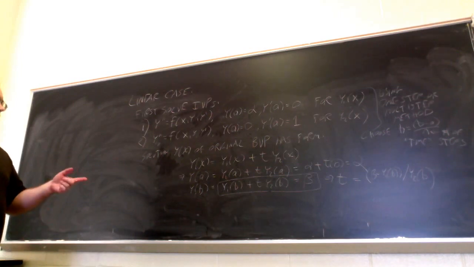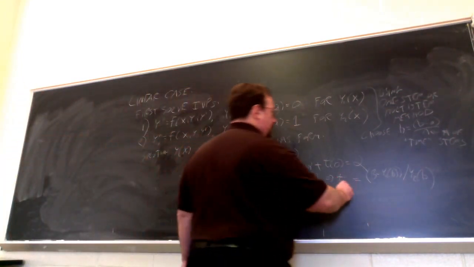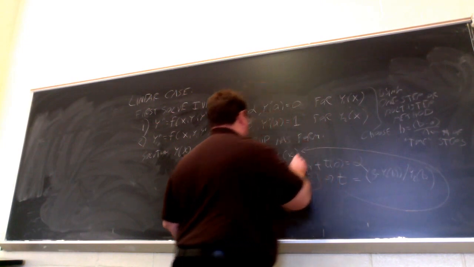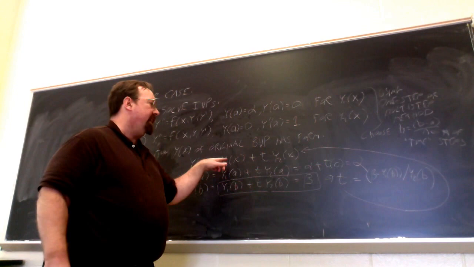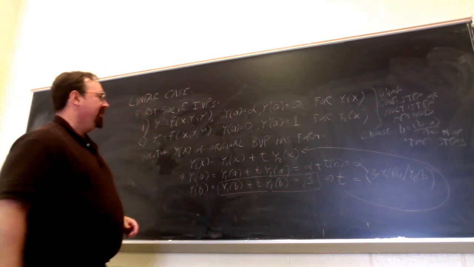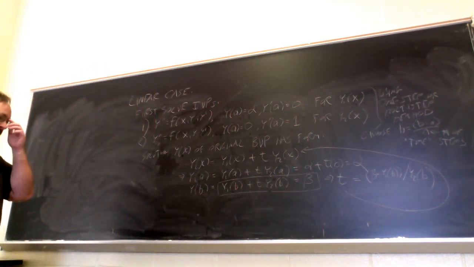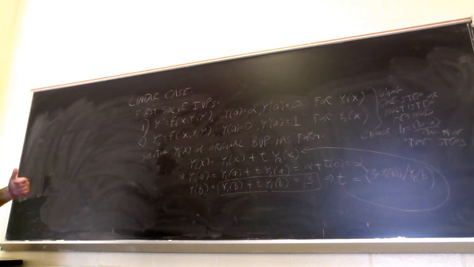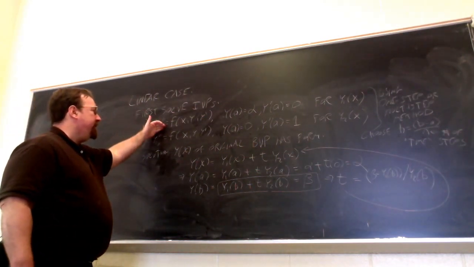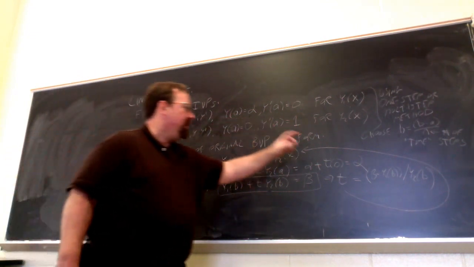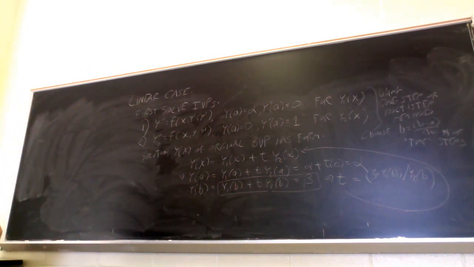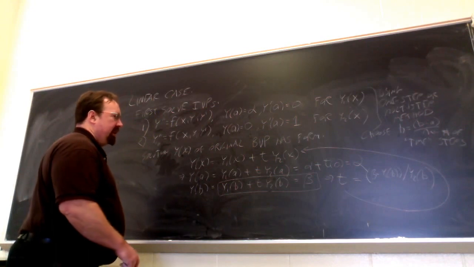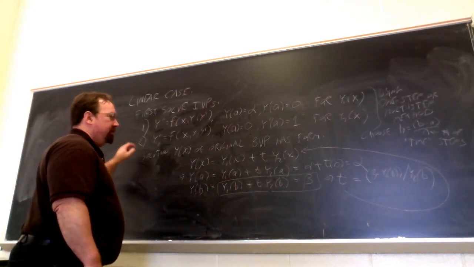And once you've figured out t, you can go back to here and linearly combine these two vectors of solution values, and that's your solution. So solve this IVP, solve this IVP, compute your t, combine, and that's it. I've already labeled these as steps 1 and 2.